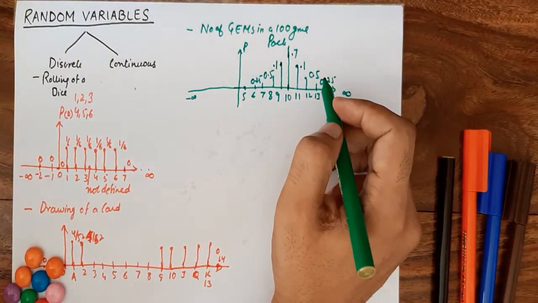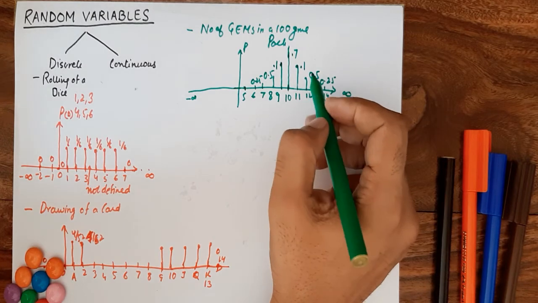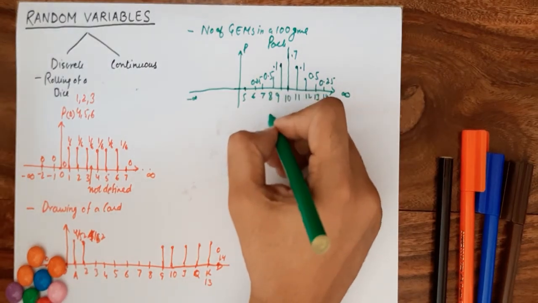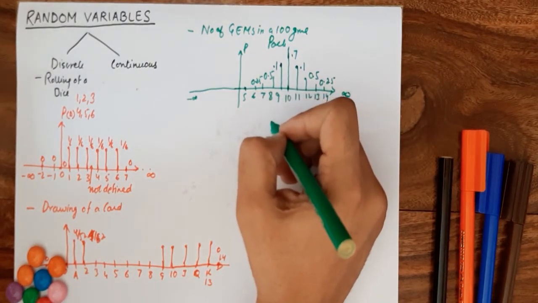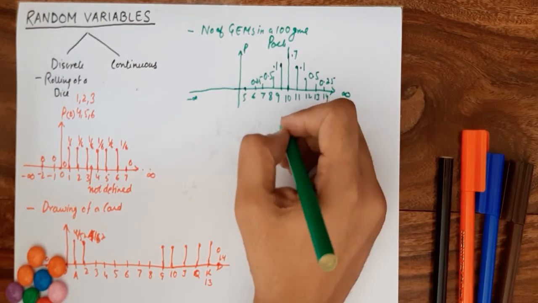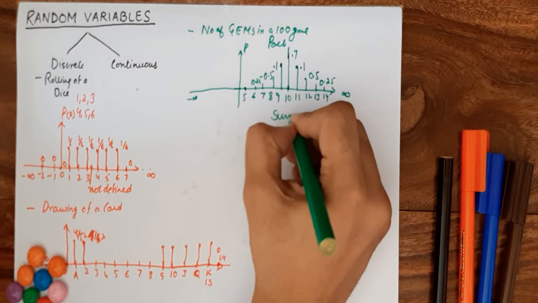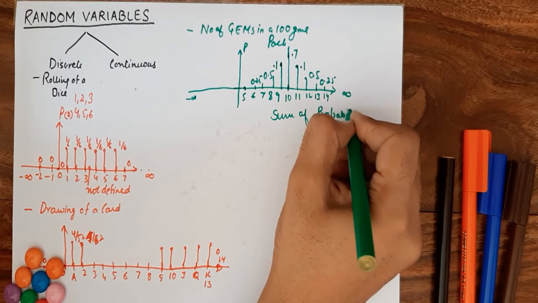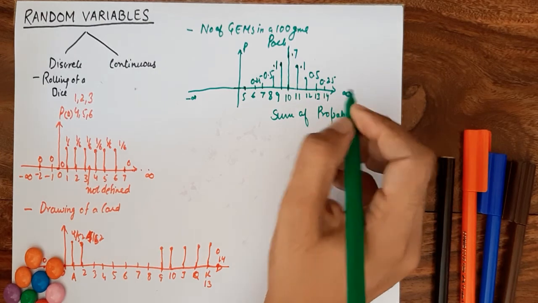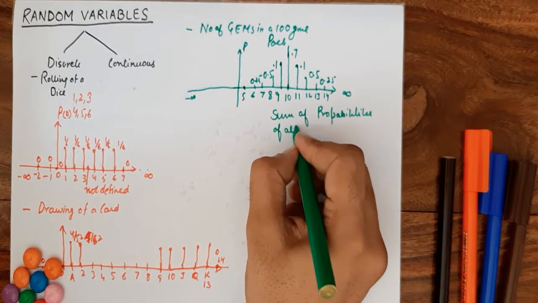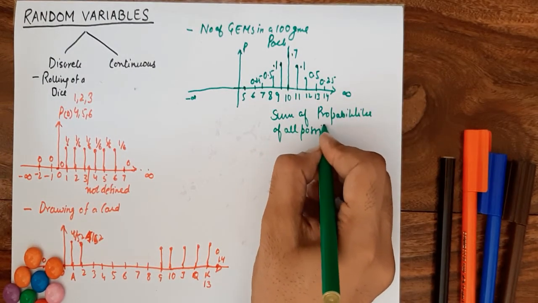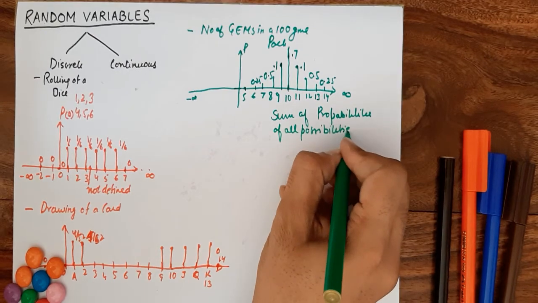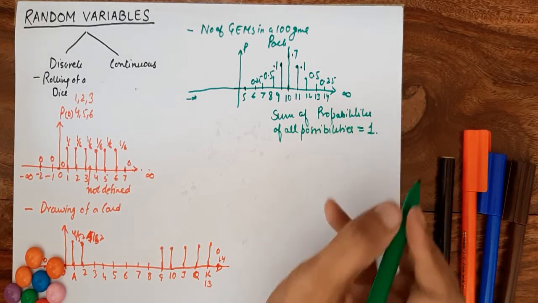It will have a finite number of samples in its sample space, and the sum of all the probabilities is going to be 1. So that is very, very important. So we know that the sum of probabilities of all possibilities is equivalent to 1.